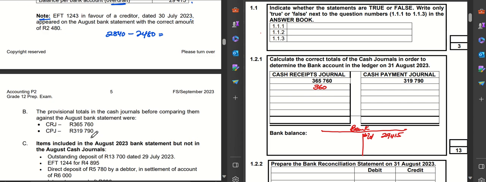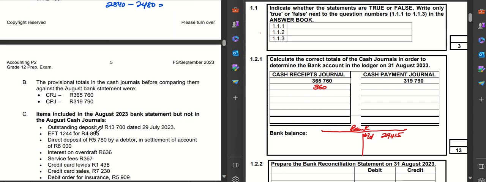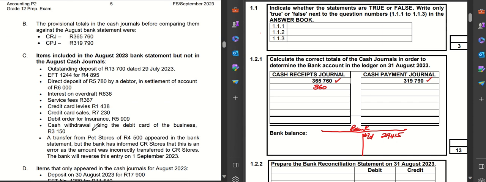The next one then reads, the provisional totals. These ones, remember to add them when you are adding. Items included in the August bank statement, but not in the August journals. Items on the statement, but not in the journals. The first one is a deposit for 13.7 dated 29 July.